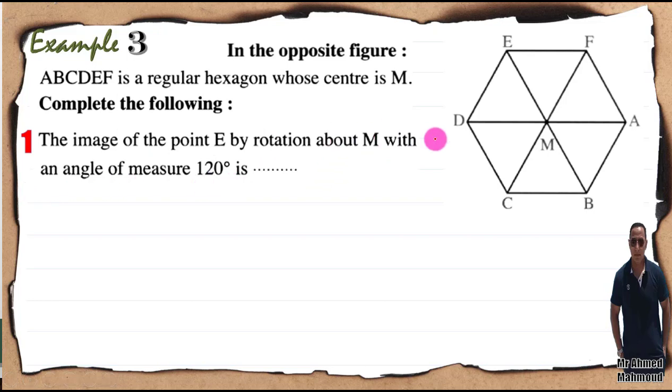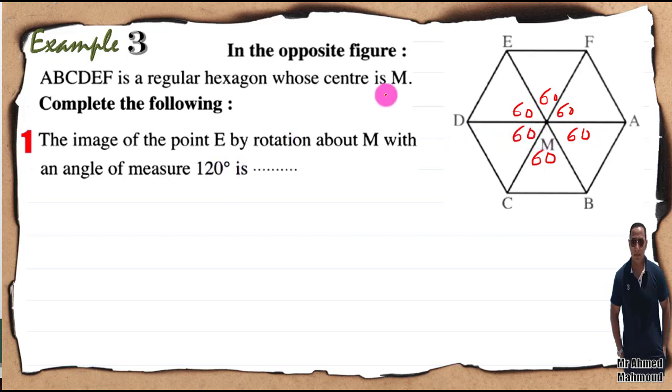We know that all the angles around M are equal because this is a regular hexagon. So I'm going to divide 360 by 6. So every angle here equals 60 degrees.